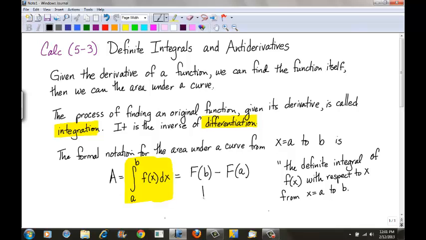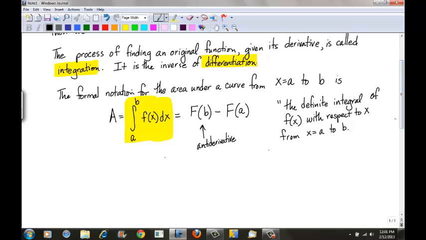And this part right here is the antiderivative. You actually write it out twice, and then sub in the top number, you sub in the b first, and then you sub in the a. And that will give you the area underneath the curve.